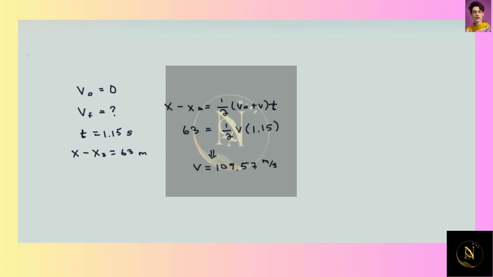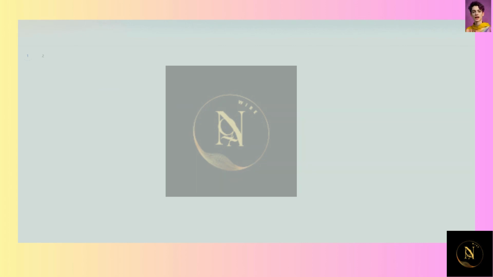Now we need the velocity at the end of the 4.75 second part. And to do this, we'll treat this velocity as the initial velocity and then calculate the new final velocity. So now v naught is equal to 109.57 meters per second. v is again our unknown. In this case, t is equal to 4.75 seconds.